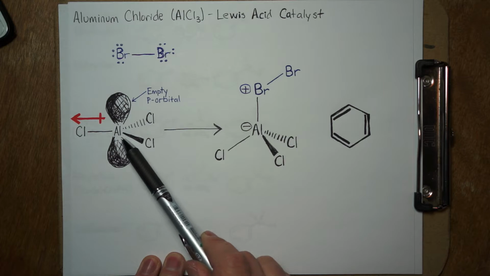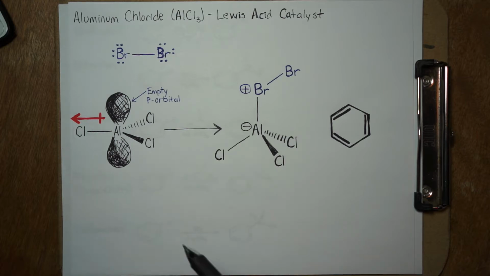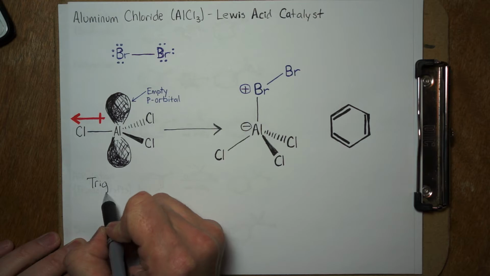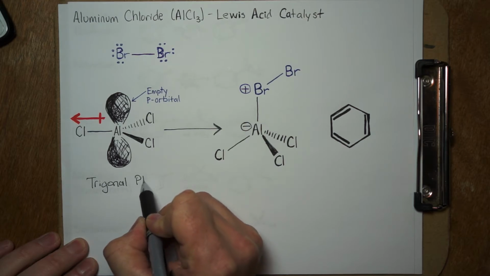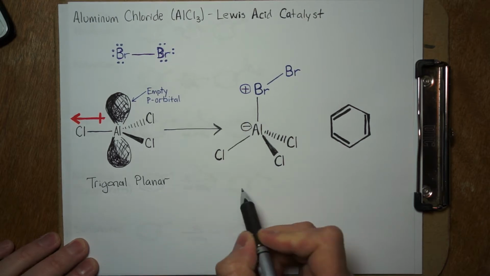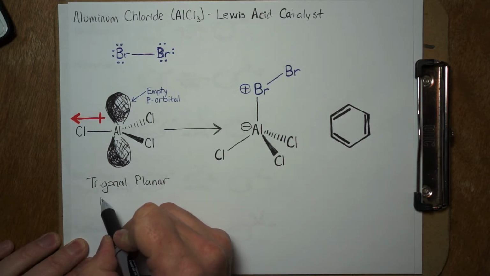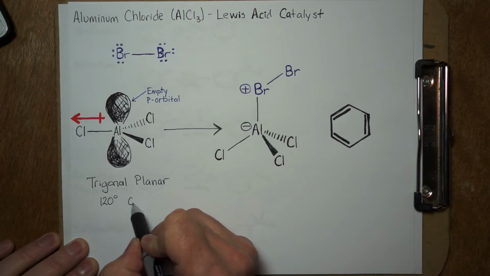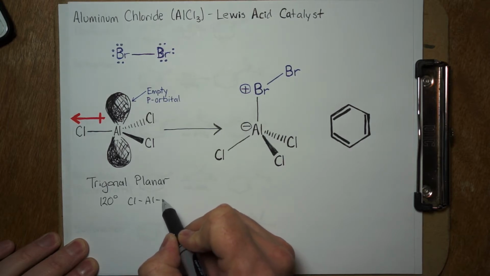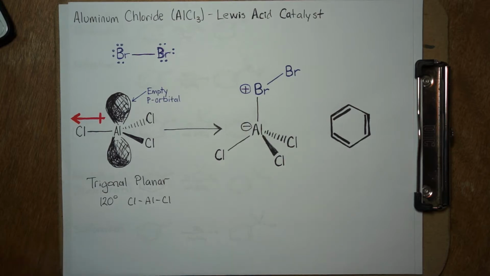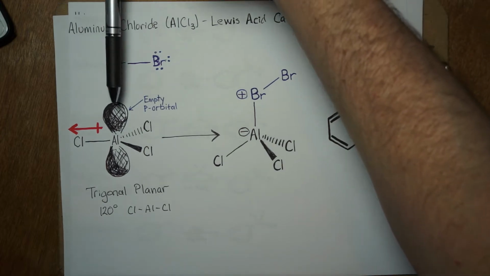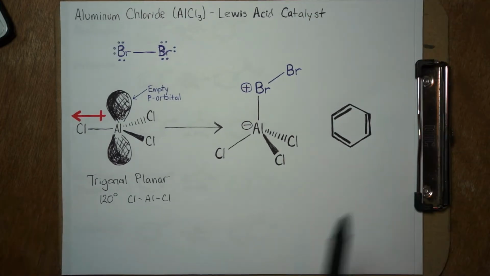And so aluminum chloride has a trigonal planar geometry. The bond angles between the chlorines are 120 degrees, and all four of those atoms are in the same plane. So whenever a Lewis base adds to aluminum chloride, it's going to add either from the top face of that plane or the bottom face of that plane.